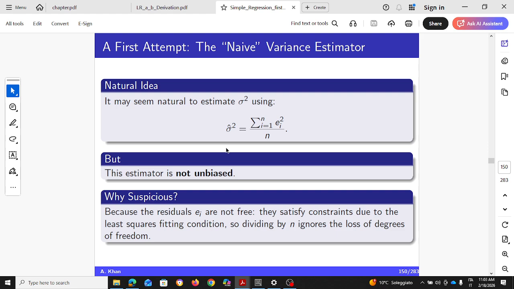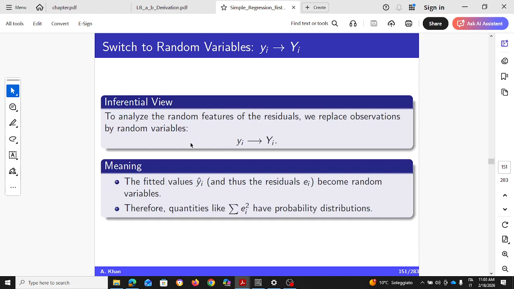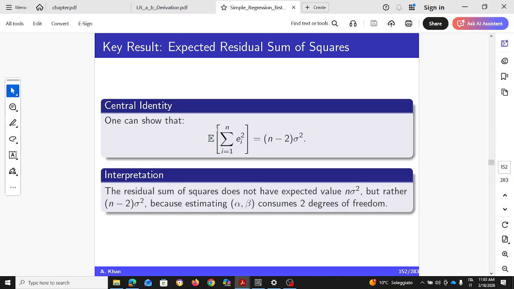Why? Because if we take the expectation of the residual term, when we have intercept and beta, it now depends on two things. So we have two biases here, and we cannot just take the square summation and divide it by n.